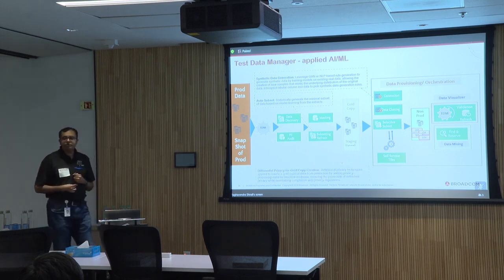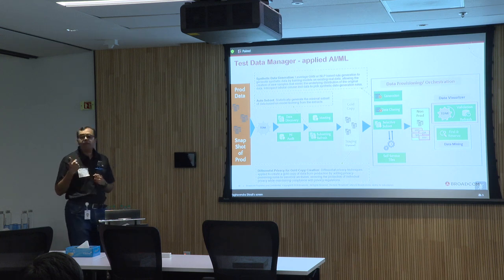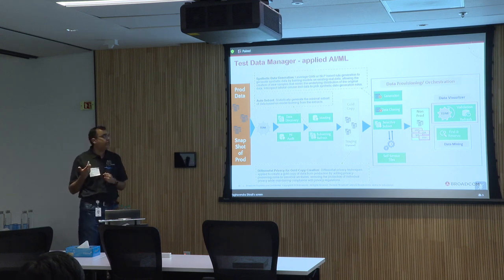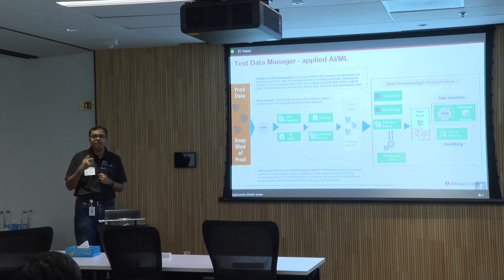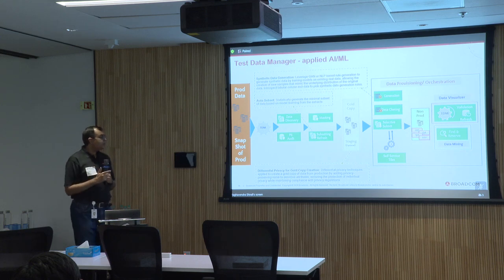Other area is differential privacy. This is a discipline of AI and ML where you introduce random data in a very statistical fashion so that you can't judge whether it's real data which has been derived from the production or it is fake data, right? So you can't essentially trace back to the production. The interesting bit about this is that there is evolving standards around it.